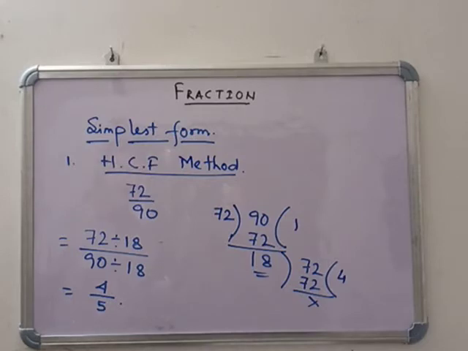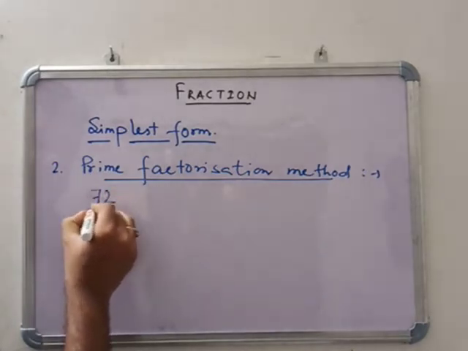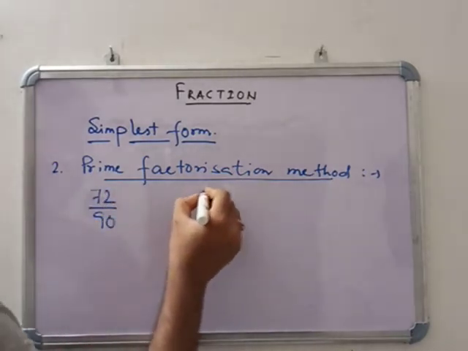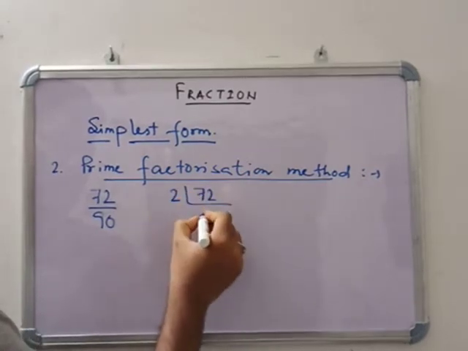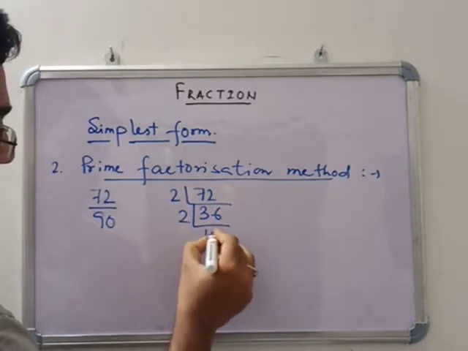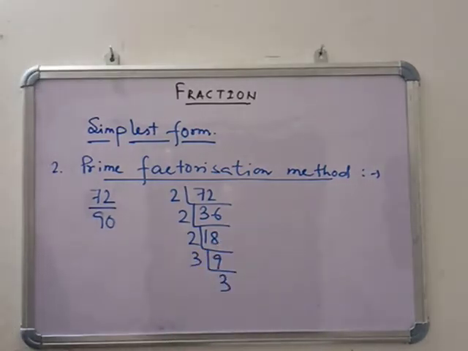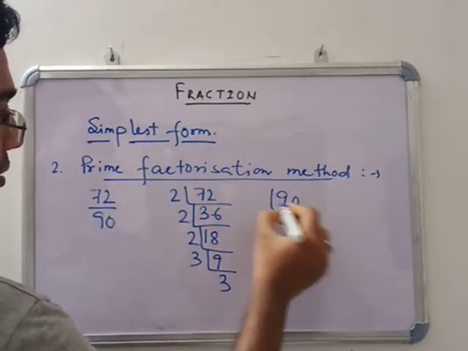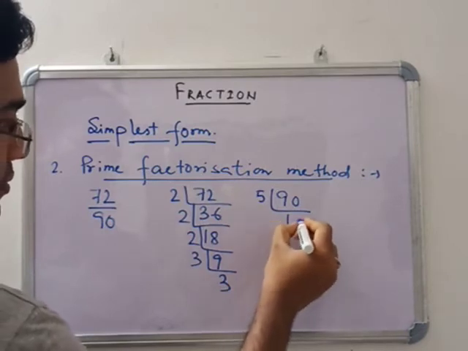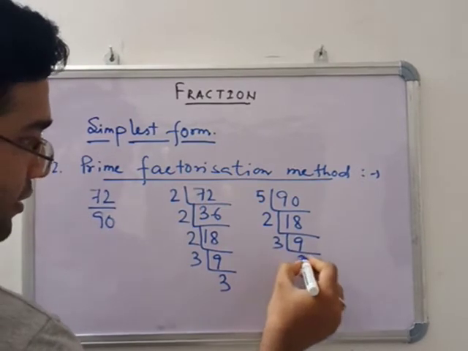Now see the prime factorization method on the same number, 72 by 90. 72 can be written as 2 into 36, 2 into 18, 2 into 9, then 3, 3. And 90 is 5 into 18, 2 into 9, 3, 3.